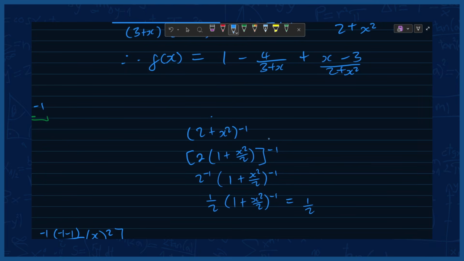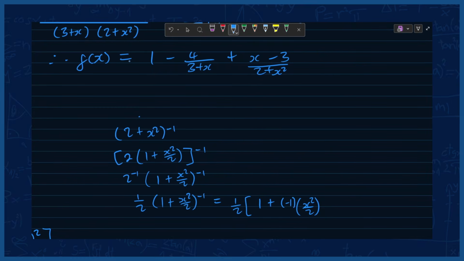So this is 1 over 2, and it's 1 plus nx. In this case, our x is x squared over 2, and then it's going to be plus n(n minus 1) over 2 factorial times our x.